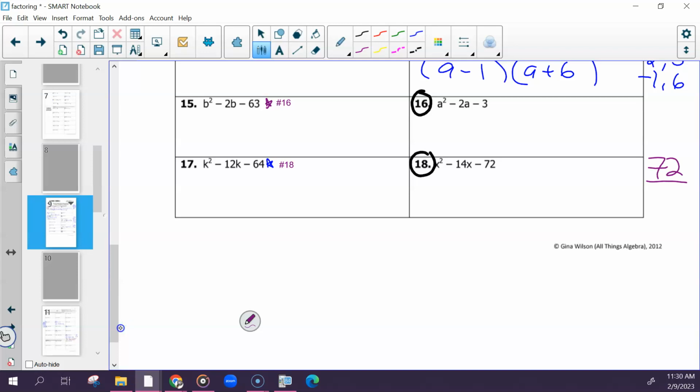And then think about, of all the factors of 72, which one could we make negative so that when we add them together we get negative 14? Go through your factors, make one negative, and then add those numbers together, see which one will give you negative 14.